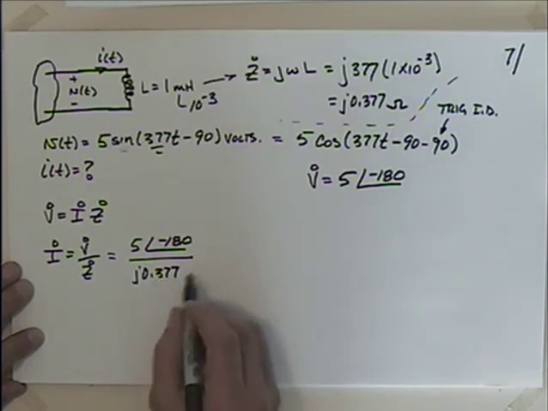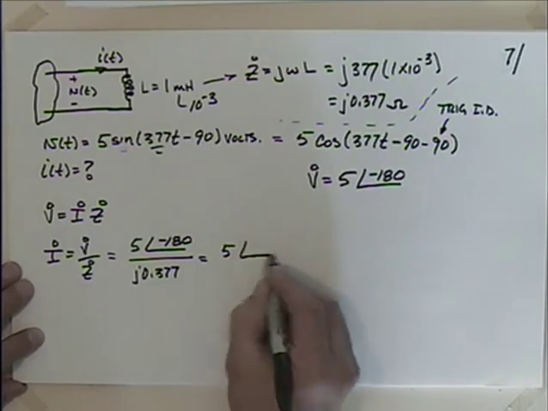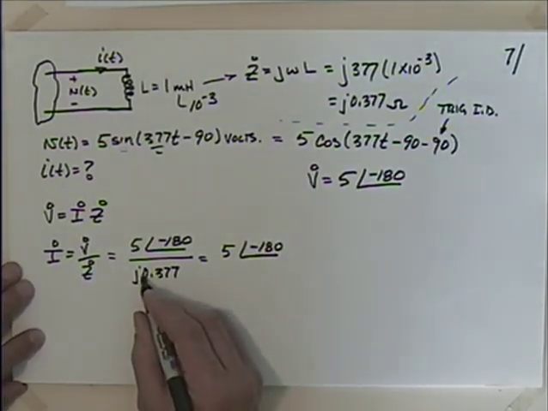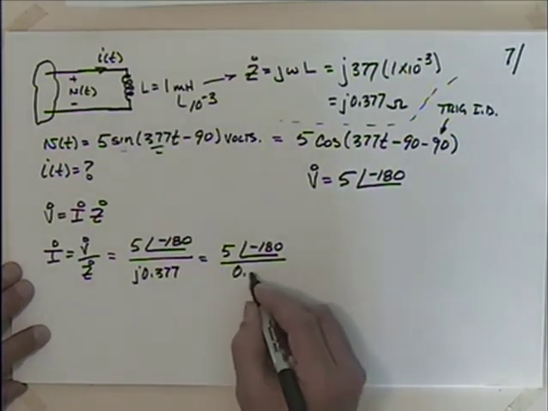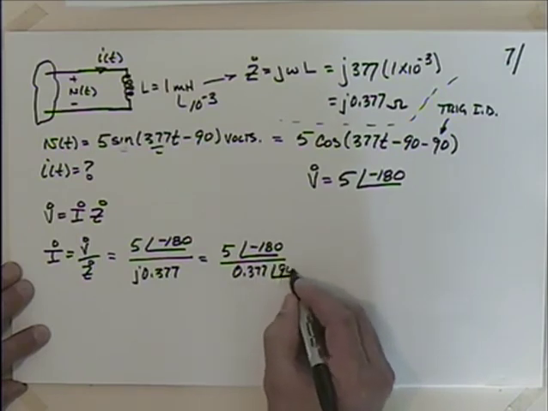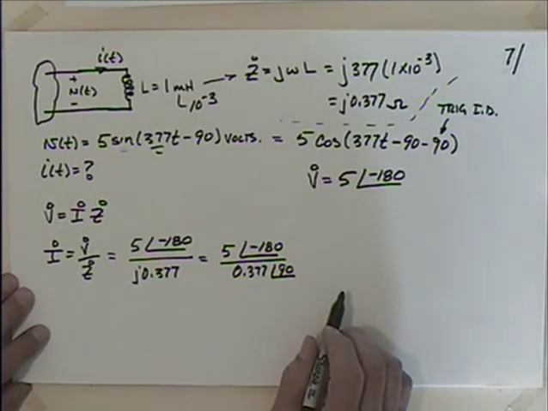Okay, j at 0.377. I got to figure out how to do that. Well, let's see. 5 at minus 180. This j is really 1 at 90, isn't it? So couldn't I say that I have 0.377 at 90 degrees? Yeah, that'd be the same thing.